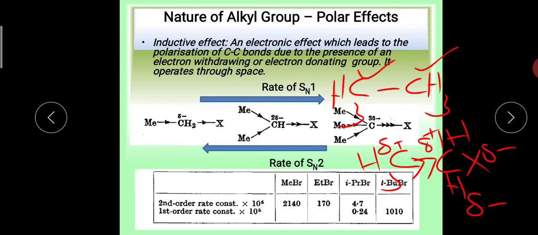Okay, whereas the hydrolysis followed the SN1 mechanism in case of tertiary butyl bromide and isopropyl bromide.